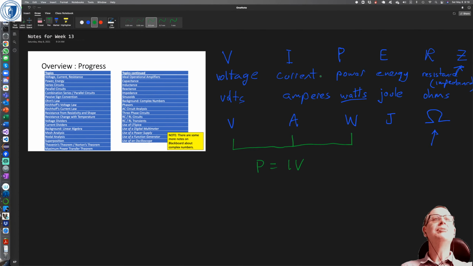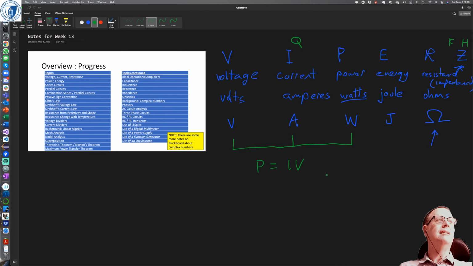Another thing I haven't, so I'd said over here that I haven't brought in farads for capacitance or henries, right? I also haven't brought in charge, right? So it's another thing.